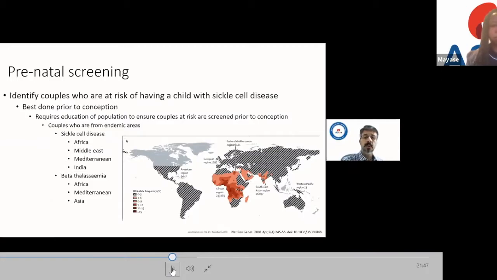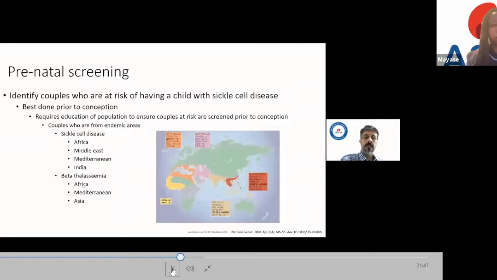Again, that should be at the very early preconception stage where they're just thinking about having children. But it's important to realise that if one parent is a carrier for sickle cell disease, the other parent may in fact be a carrier for another beta globin variant such as beta thalassemia, and they can interact and also give you a potential child with a sickling disorder.